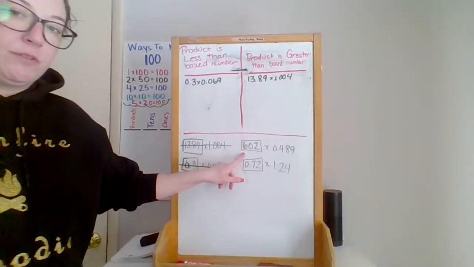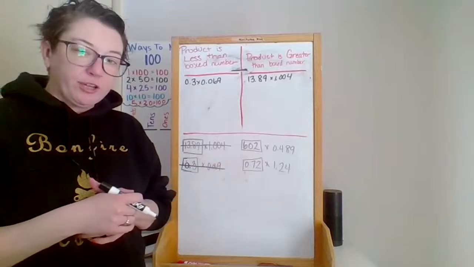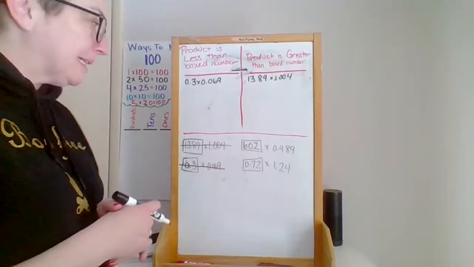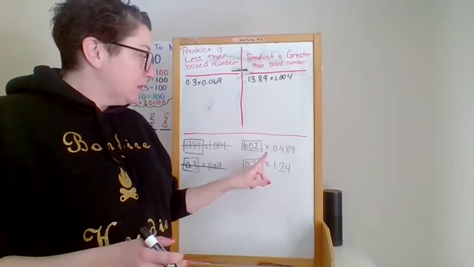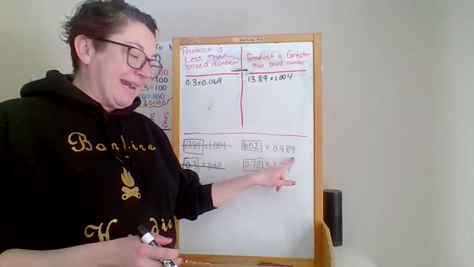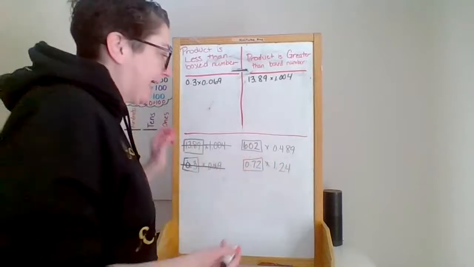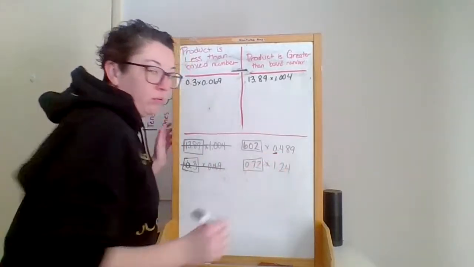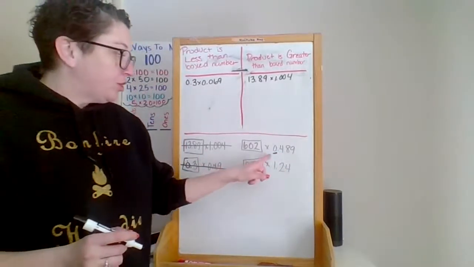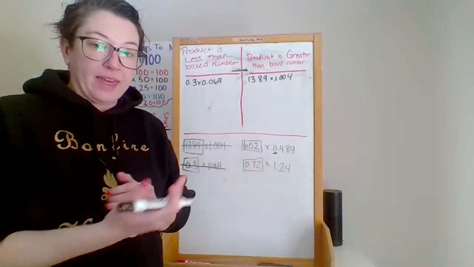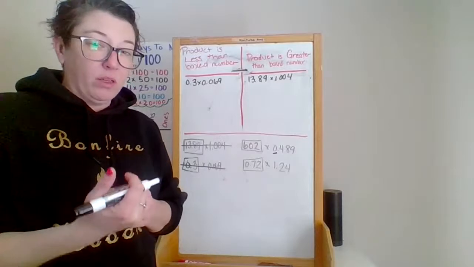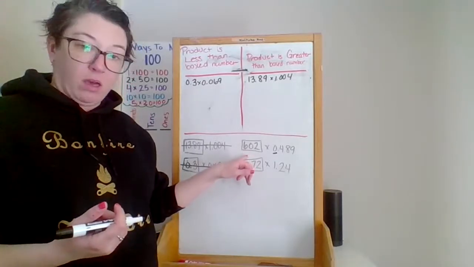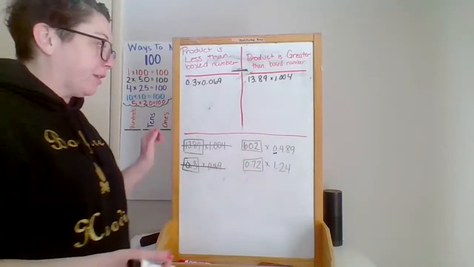Let's take a look at this one right here. 602 times 489 thousandths. So if I look at 489 thousandths, I can see there's no whole number there. That's a 0. So that's a clue right away that I have less than 1 whole. If I'm multiplying by less than a whole, the product is going to be smaller than what we started with.